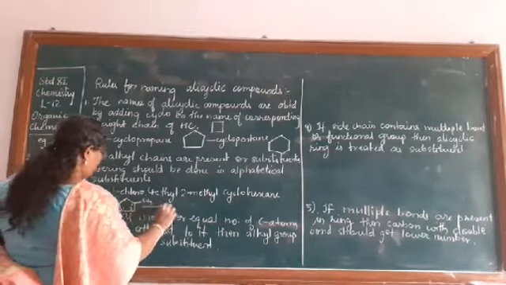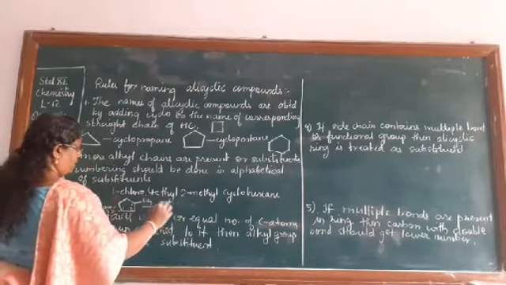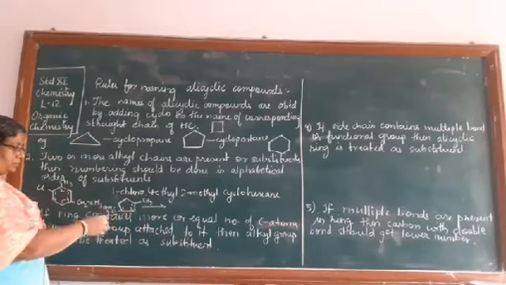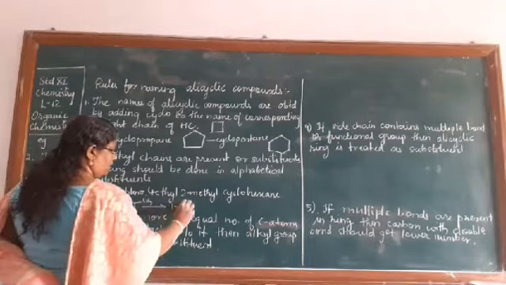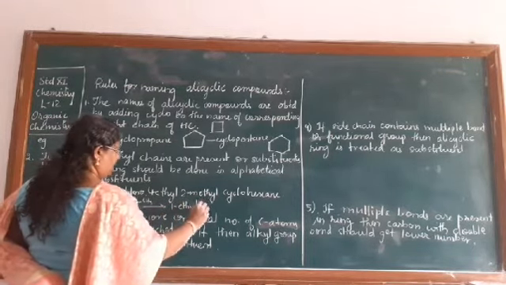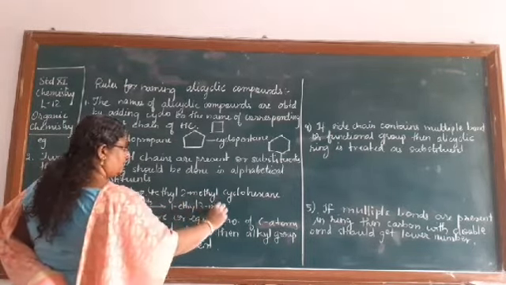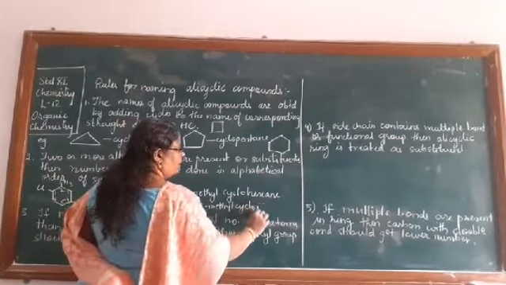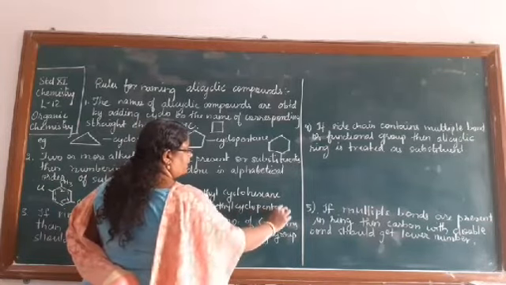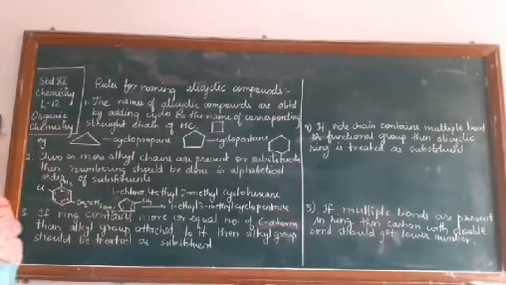So इसका नाम क्या होगा? You will name it as 1 ethyl 3 methyl cyclopentane. Are you understanding? So that is how it should be named.